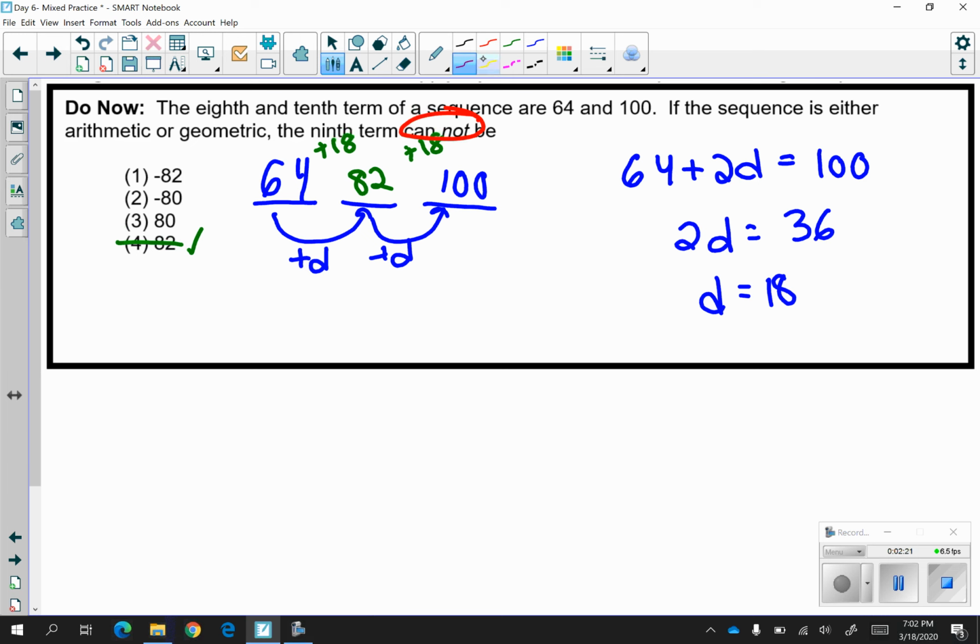Now, if 82 is the arithmetic answer, that means the 80s are the geometric answer, and you could have both positive and negative common ratios to give you a positive or negative answer in between. So because the 82 and negative 82 are for my arithmetic sequence, if you know your common difference brings you to positive 82, then negative 82 cannot be your answer.